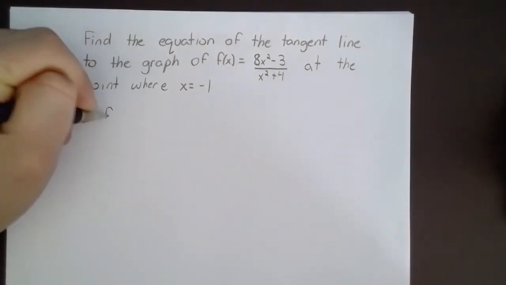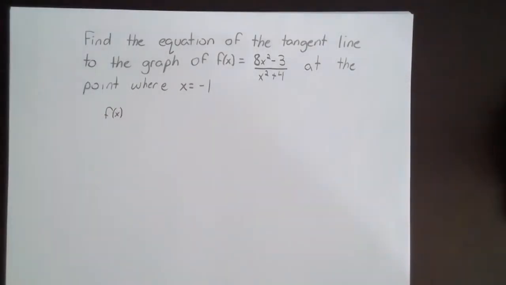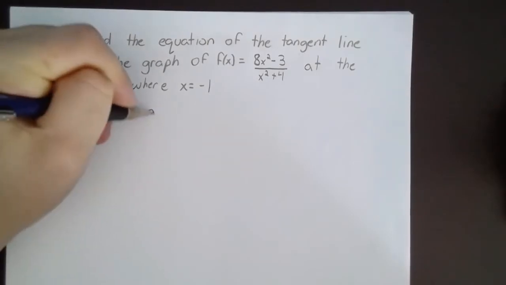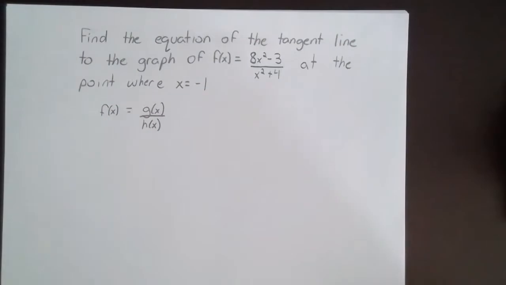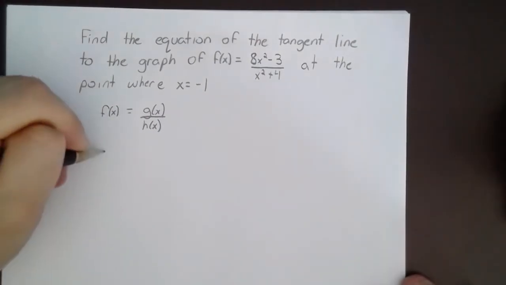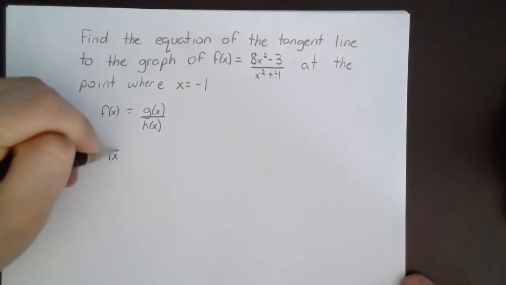So in our case, we have a rational function in the form of f at x equals some function g at x over h at x. And for us to find the derivative of this function, we use the quotient rule.